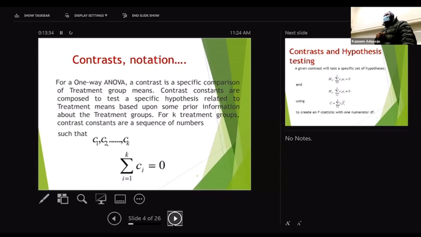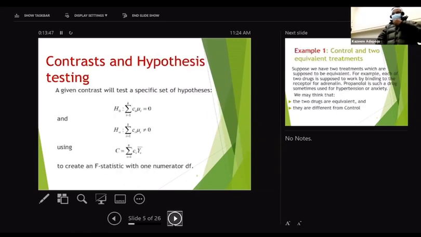When I sum the contrasts together, it must give me 0. This is the way the hypothesis is going to be, because a contrast is going to be a linear combination. We're going to have a linear combination of the constant weights and the means of different groups.